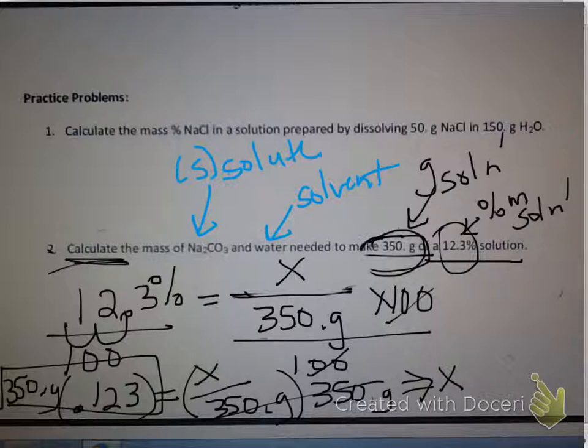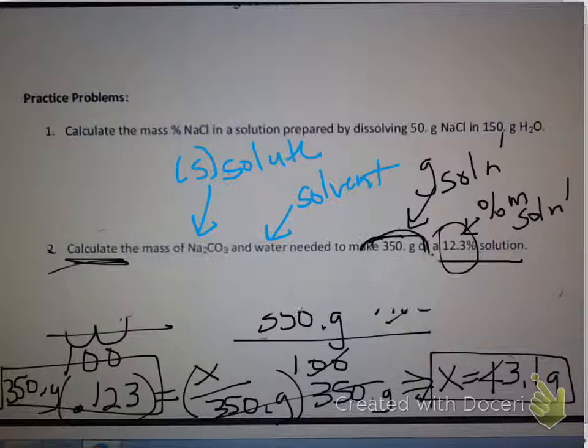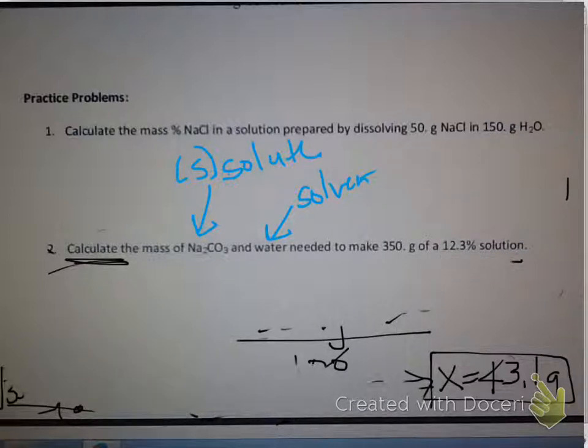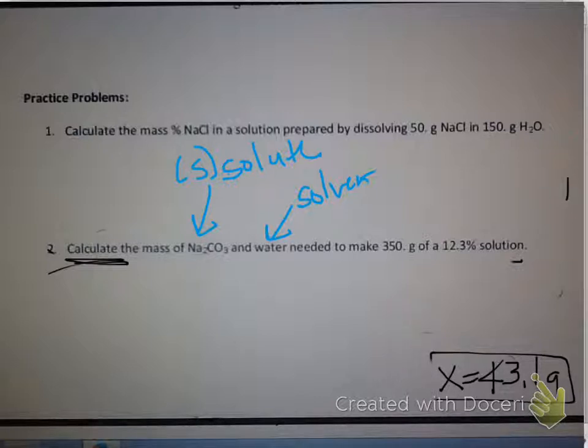X will equal 43.1 grams. Okay, so my grams of sodium carbonate, my solute, that's what X was, is 43.1 grams. This is my sodium carbonate.